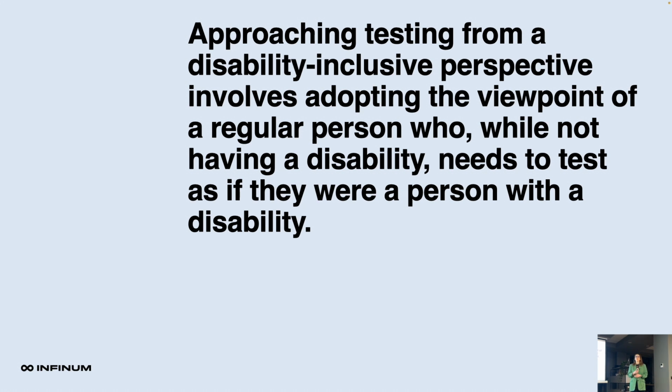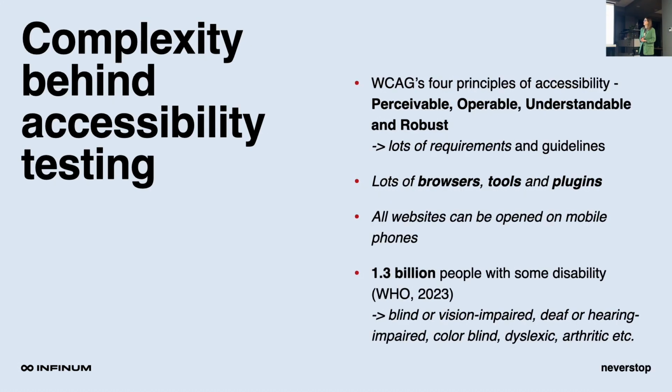You already saw how the app is working. You already have your regular behavior while interacting with the app, and now you have to do the complete opposite. And now I'm going to show you why that is a complex process.